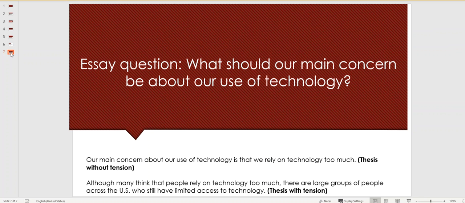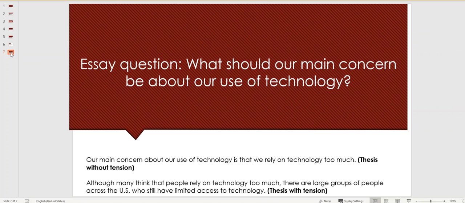So if I were to read this thesis statement in an essay, this is a strong thesis because it tells me that the focus of this essay is not necessarily going to be on how people rely on technology too much, although maybe the writer will talk about this a little bit because they include it in the thesis statement, but they're going to focus a lot more on how people still have limited access to technology.